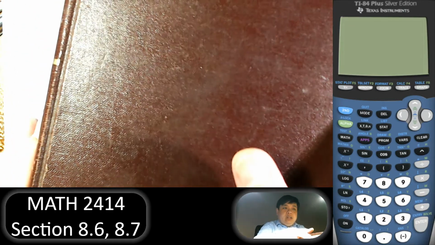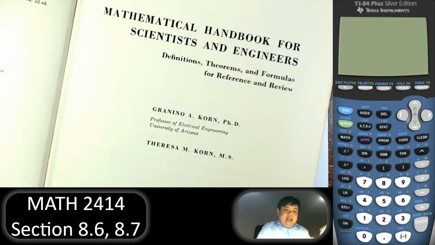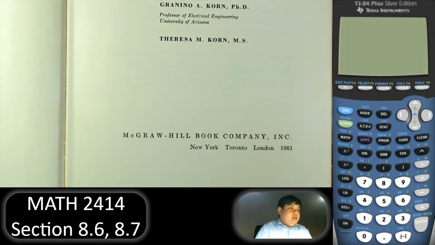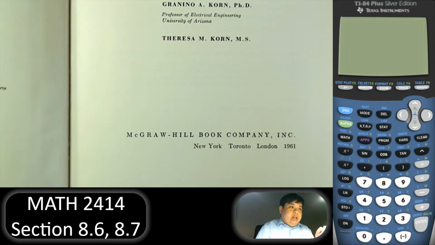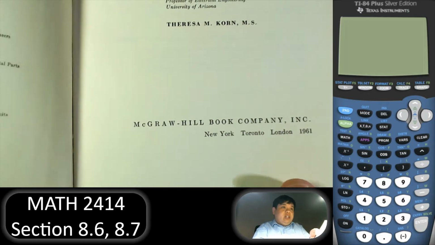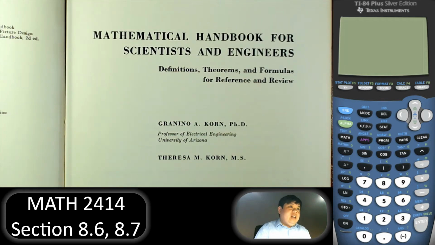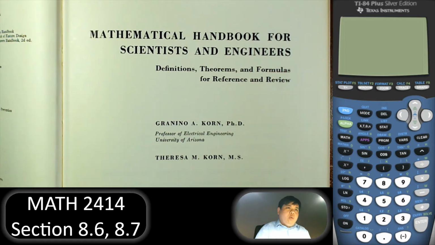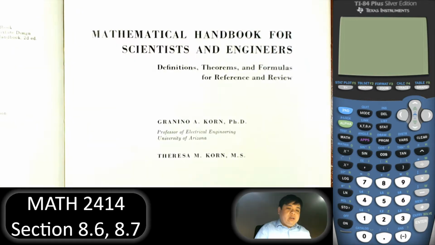A lot of different publishers have something similar to this. And this one is from 1961. Of course, that is way before the time of the scientific calculator. So that's why this is very popular in calculation. Of course, we have to have this book in order to do the calculation involving trig or log. Of course, the slide rule also works, but I think this one is a lot more accurate.